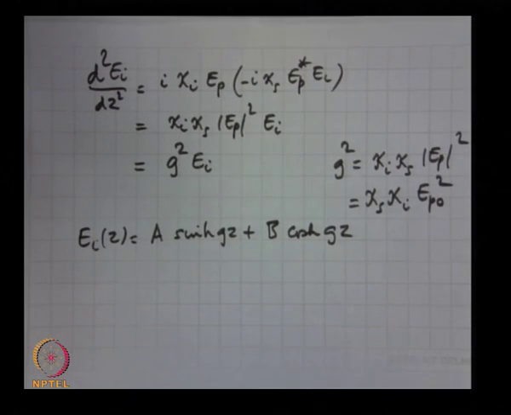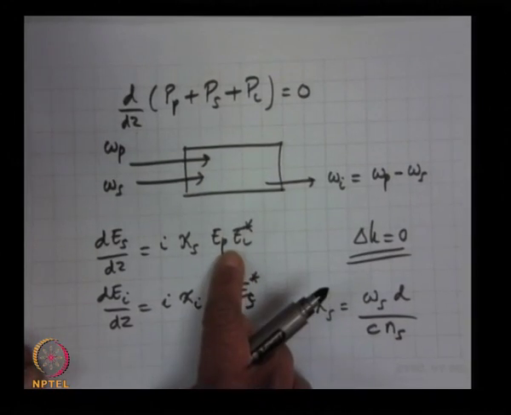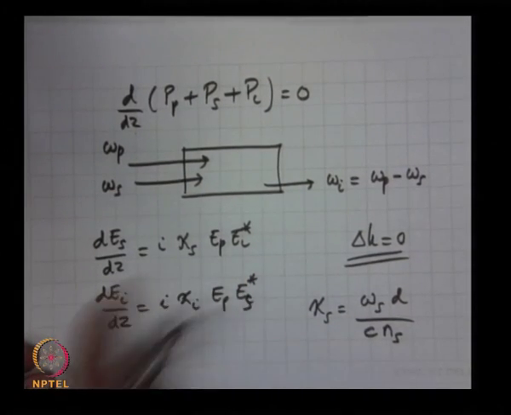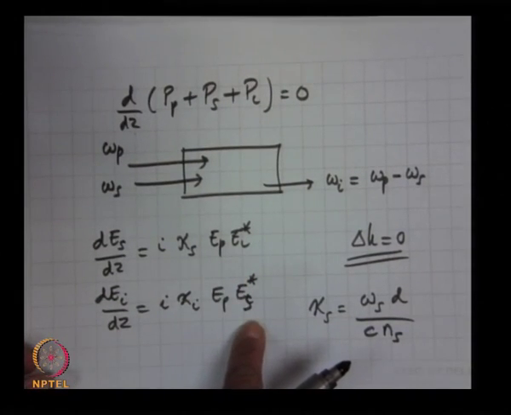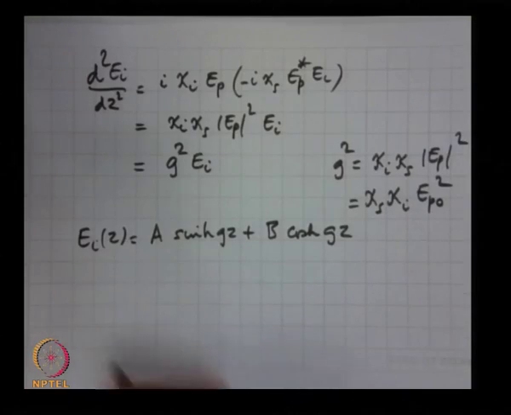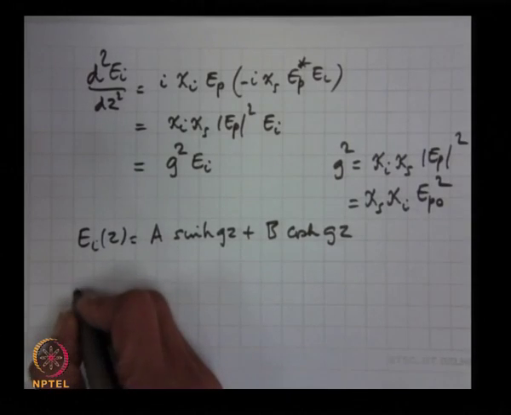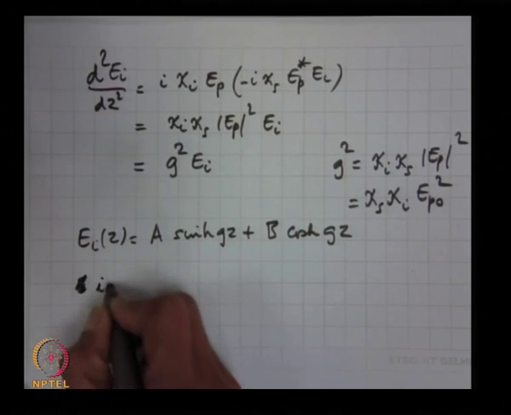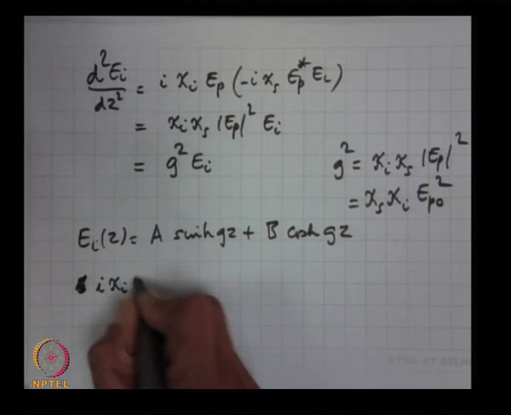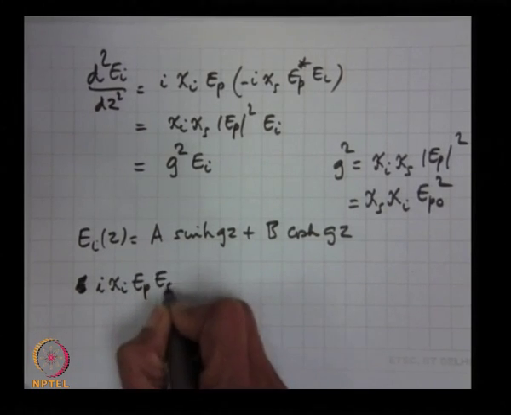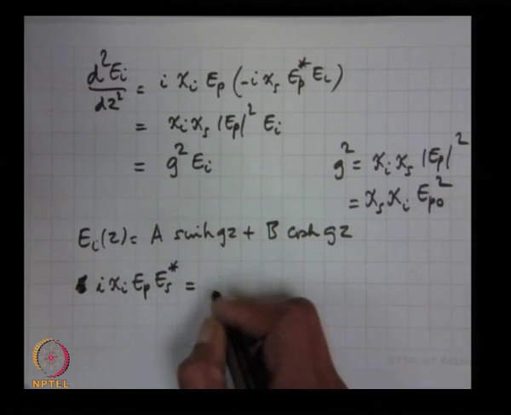We substituted this EI of Z in this equation, and obtained an expression for ES star of Z. So i kappa I EP ES star is equal to dEI by dZ.